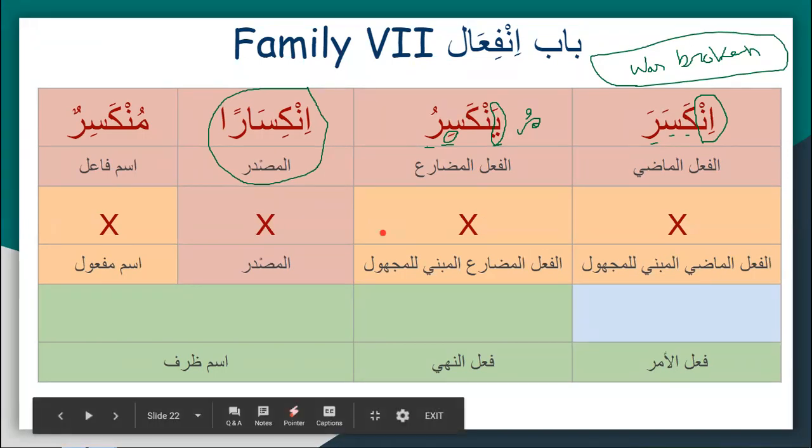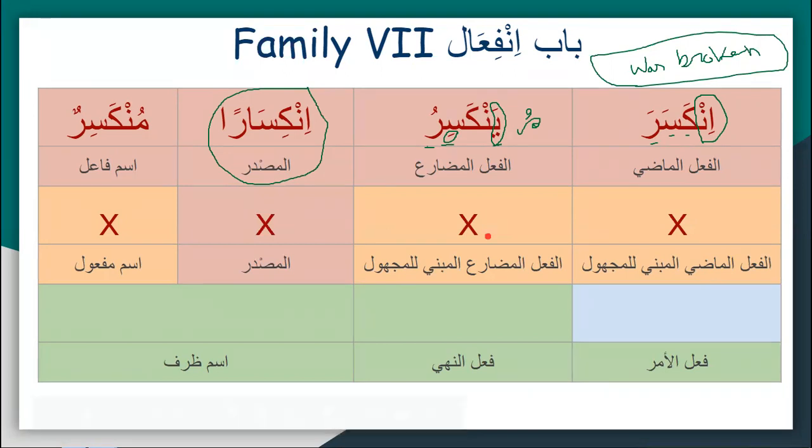So it's easy for you to memorize this group, because you have to memorize fewer lines, right? So once again, inkasara yankasiru inkisaran fahuwa munkasirun. There is no unkusira. Please remember, there is no passive line for this.